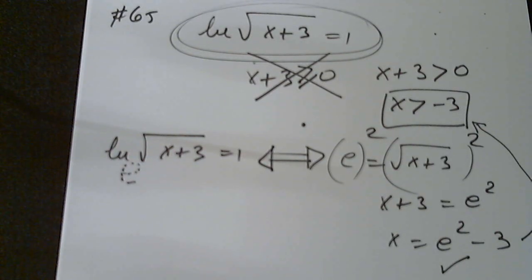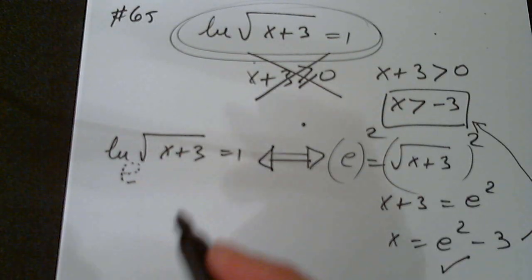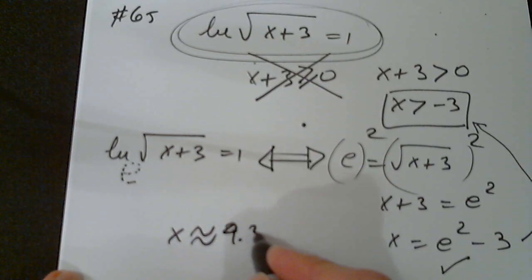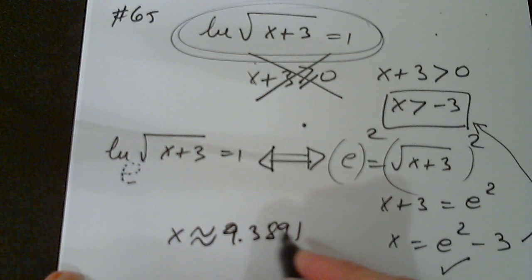So with the graphing calculator, we check. E squared is right here. And then we subtract 3. And this is definitely a number that is positive. So approximately x equals 4.3891.